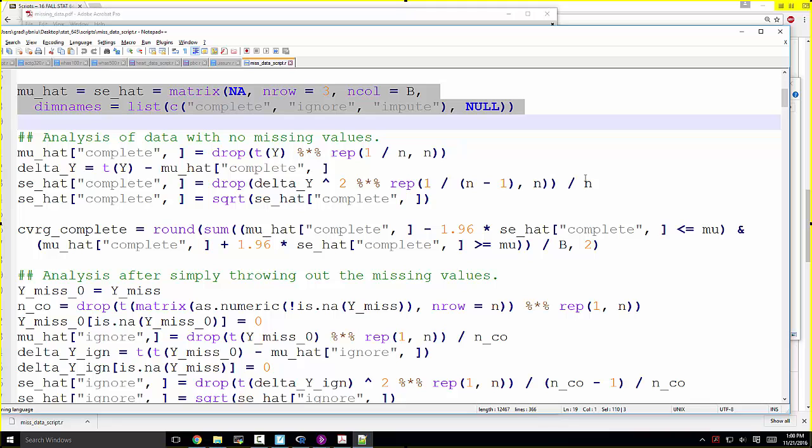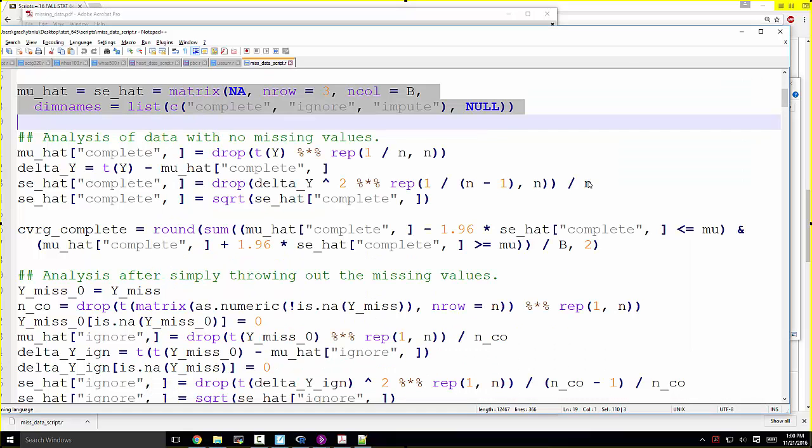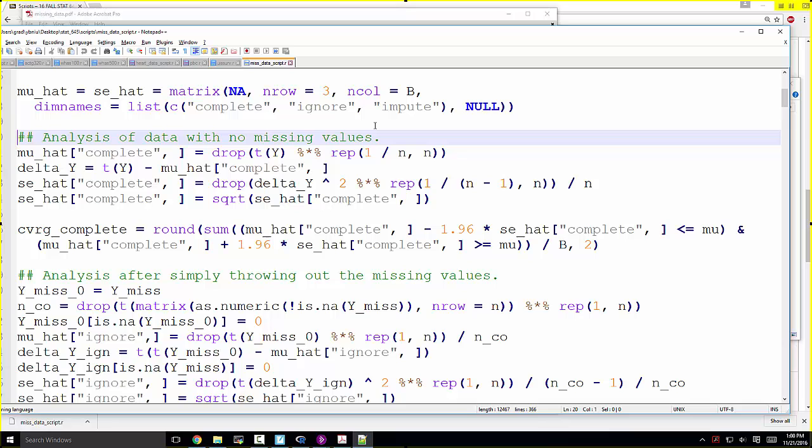All right, so I'm going to set this up. We're going to keep track of estimated mu and estimated standard error of mu hat by these 3 methods. First is analysis with just the complete data. So we're going to cheat and use the original data from before we had put in the missing values.